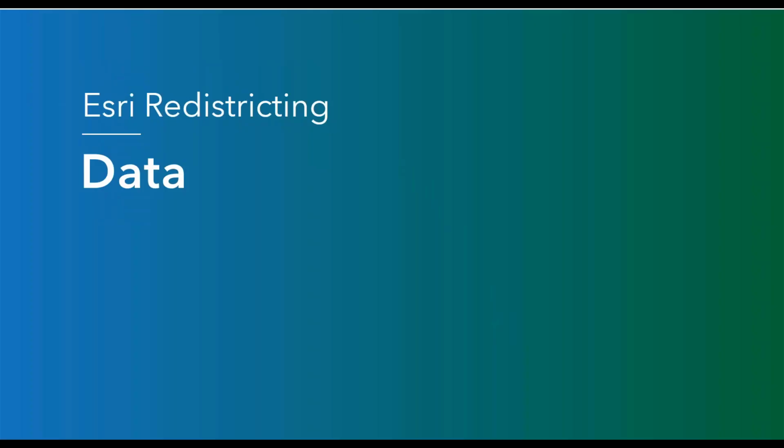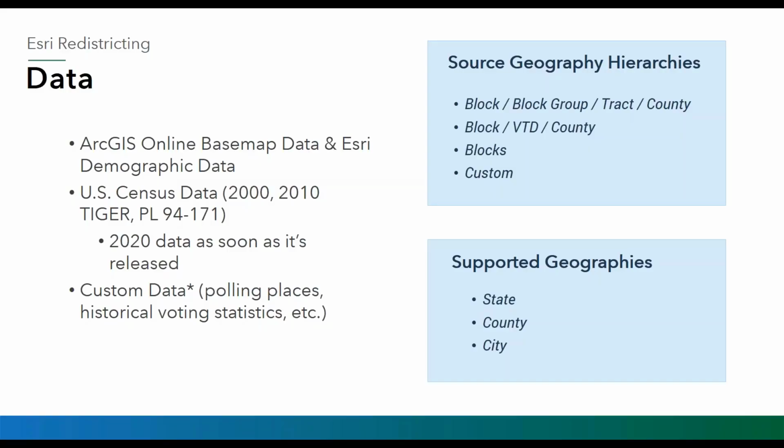Looking at the data that comes with this system, by default our data includes US Census data, the PL 94-171 data, and that is going to be data that meets the requirements that we've worked with the Department of Justice on for redistricting efforts. It's also going to have access to our ArcGIS Online data, including our base maps and other demographic data available through ArcGIS Online.